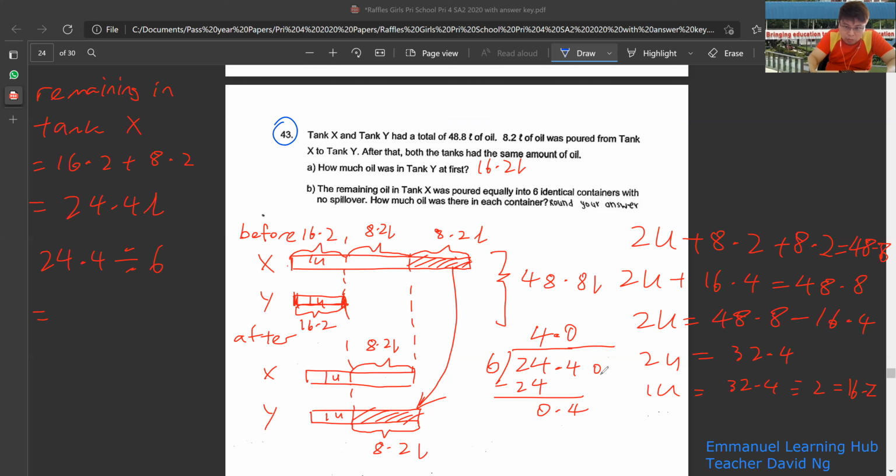Then 40 divided by 6 is 6. 6 times 6, 36. 40 divided by 6 is 6 again. So 4.066.